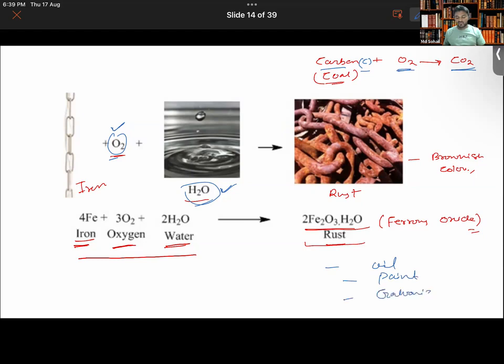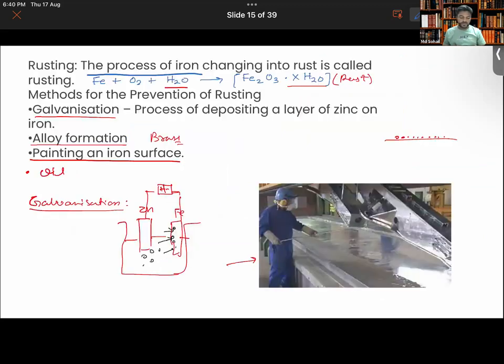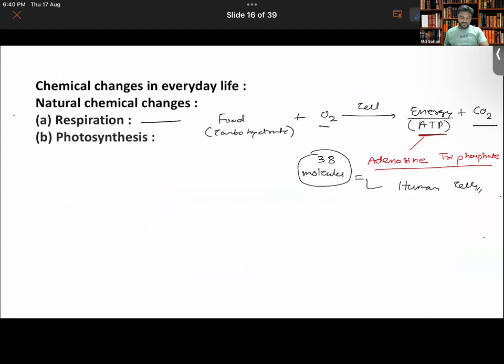All these things we have discussed in our previous class. We might also make it in the form of an alloy, reacting it with some other metal, or with some non-metal. That will lead to the formation of brass, an alloy. Okay, now let's move on.